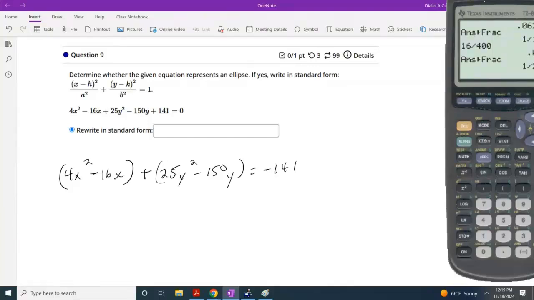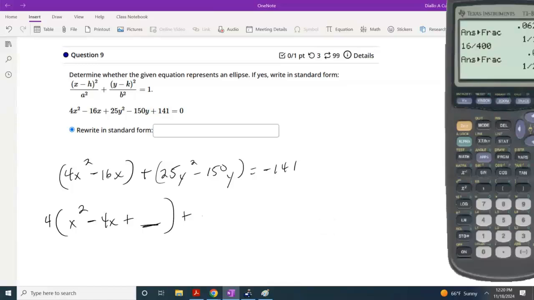So if I look within my x variable, I don't have the right form to complete the square because the coefficient of my squared term is not 1. So in order to force it to be a 1, I'm going to factor out a 4. So once I factor out a 4, on the inside of my parentheses, I'm left with x squared minus 4x plus blank. If I look at my y variable, I have my squared term and my first degree term, but the coefficient of my squared term is not 1.